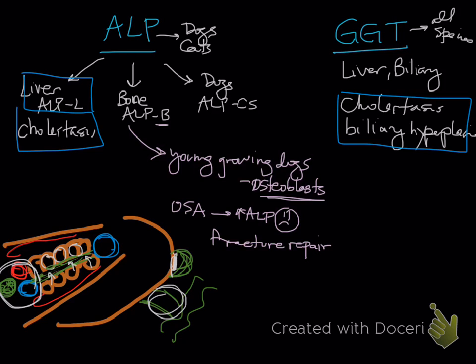Now, dogs on steroids, and this is again dogs only, they can be on steroids, have hyperadrenocorticism or really prolonged stress, and they can have increases in alkaline phosphatase, and these can be marked. And that is the corticosteroid isoenzyme, also made by the liver, but it's very specific to corticosteroids only in dogs.